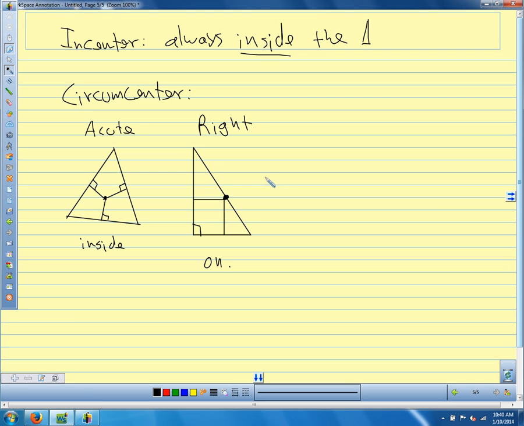If I have a right triangle, my incenter turns out to be on my triangle. And if I have an obtuse triangle, the circumcenter is outside the triangle.